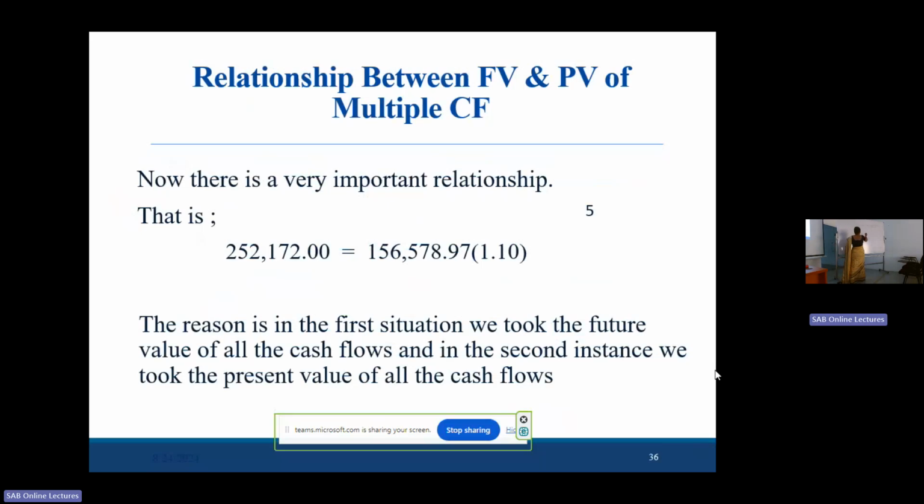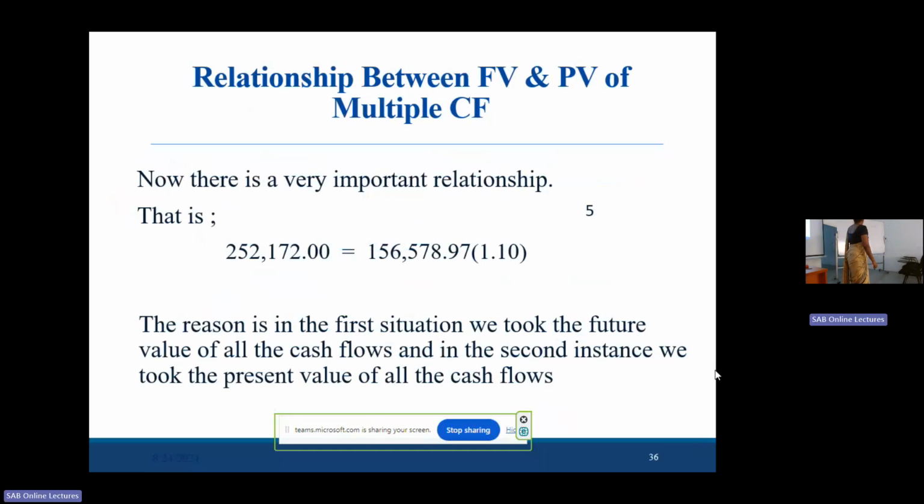What you have to do is compound these cash flows to here, and these cash flows you have to discount. Then again you will get the same answer. Right?